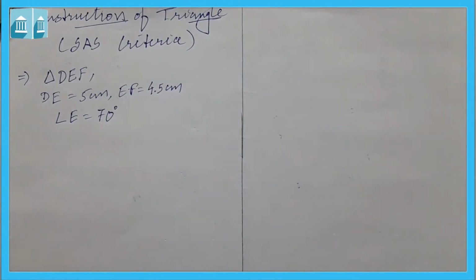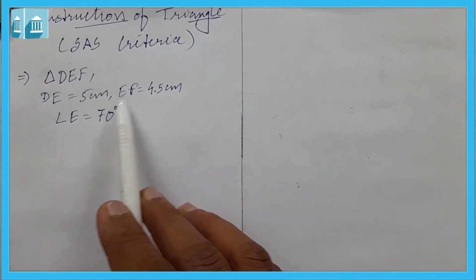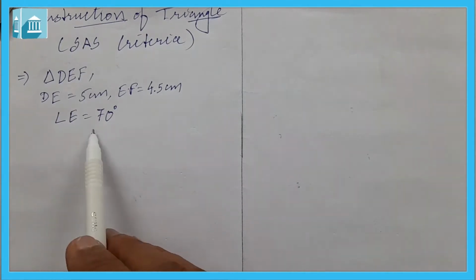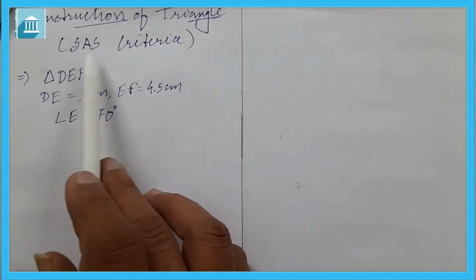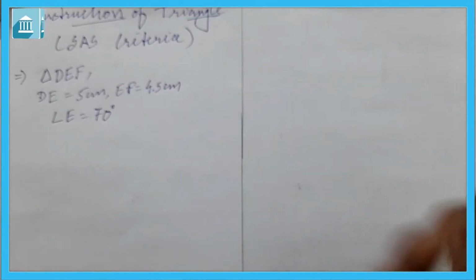Now we have to construct this triangle in such a way that DE is 5 centimeter, EF is 4.5 centimeter and angle E is 70 degree. That is side angle side, meaning two sides are given, one angle is given. Let us first draw the rough triangle.